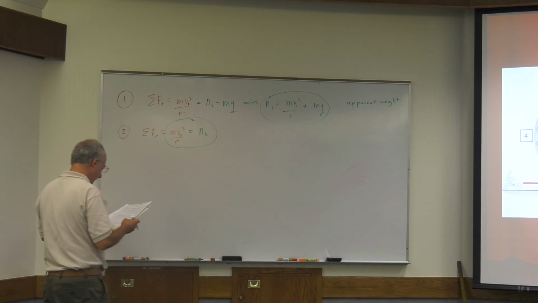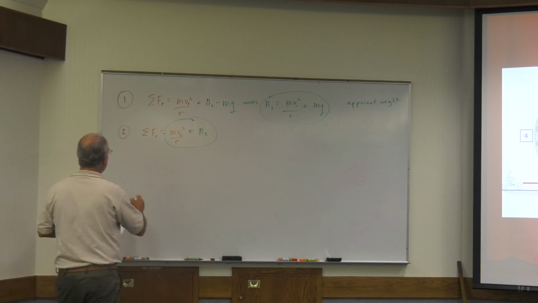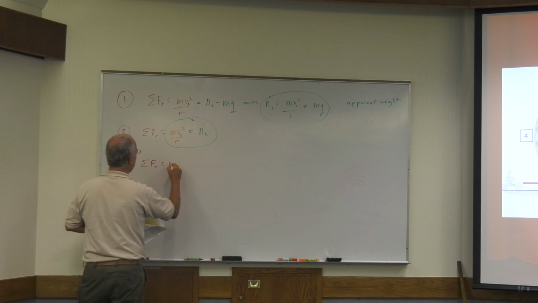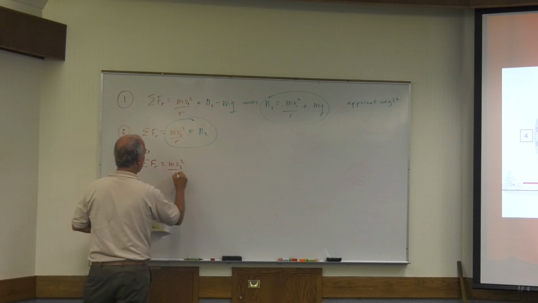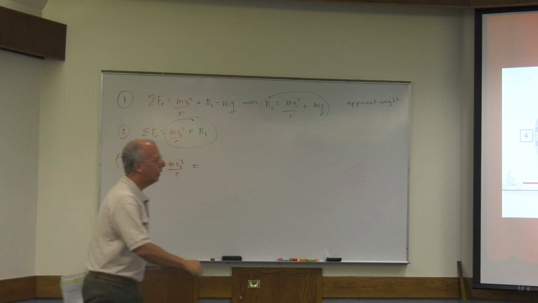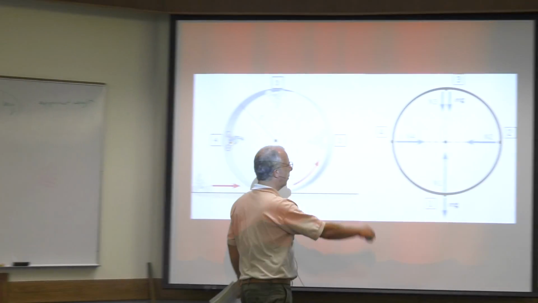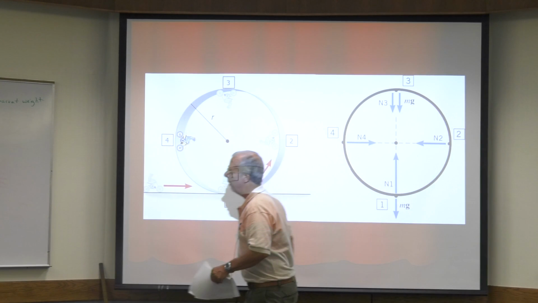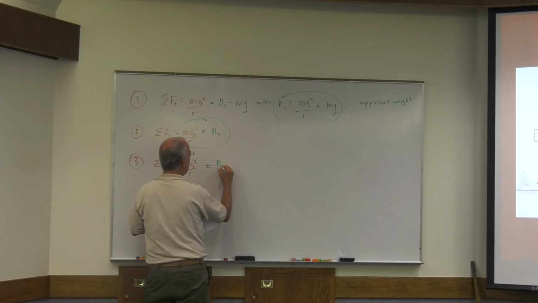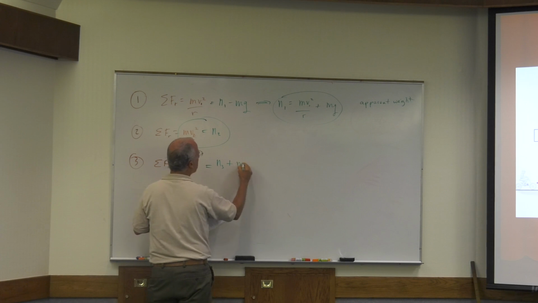Okay, let's do 3. Sum of the radial forces equals mv3 squared over r. Now for 3, both of these forces point towards the center of the circle. So we have N3 plus mg.